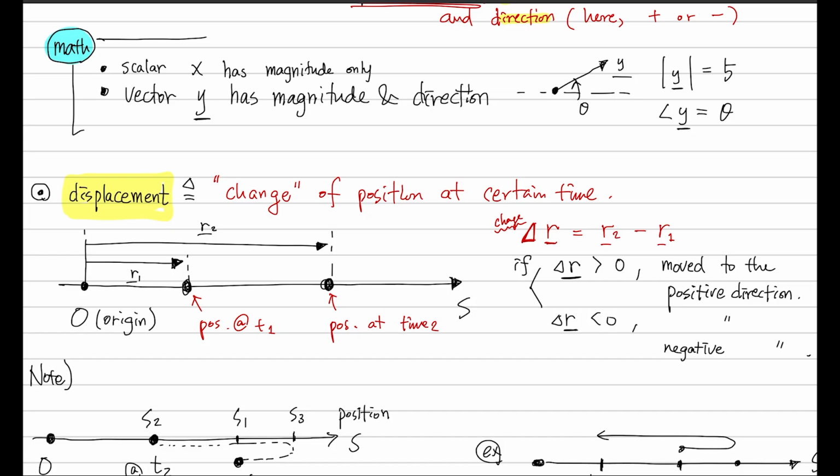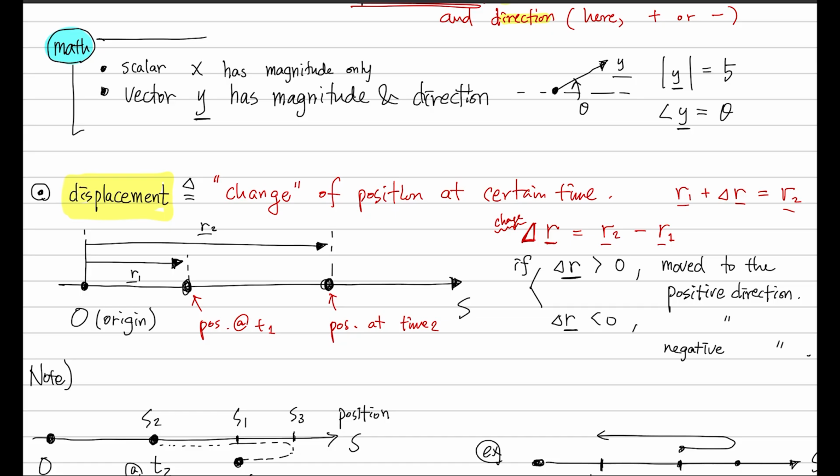Or you can write this as R1 plus delta R is going to be your R2. So if this delta R was positive, then it moved in the positive direction. If this delta R had a negative value, or it's the opposite, then it moved in the negative direction.